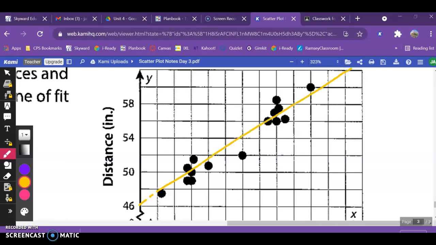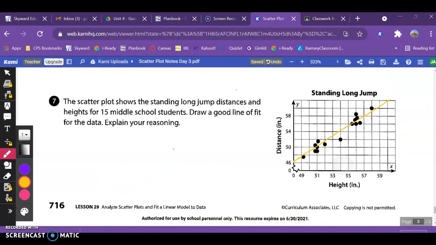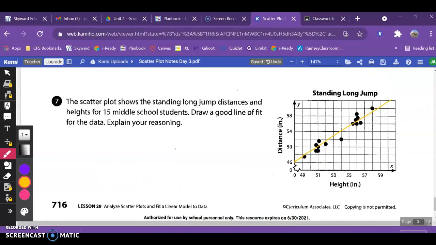So something along those lines. So you want it to go through the middle of that. I did not find a balance point because I don't have the list of numbers for the exact dots that are here from the points. So I am just going to estimate that using the 2 clusters that are there.